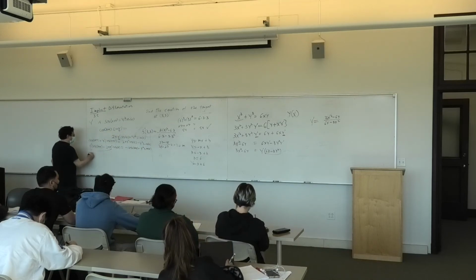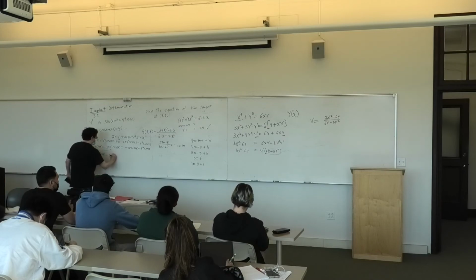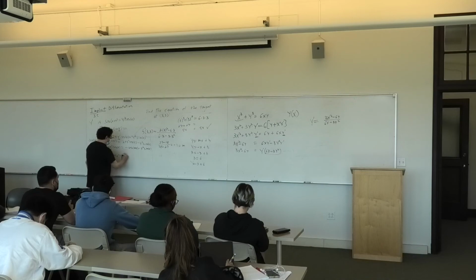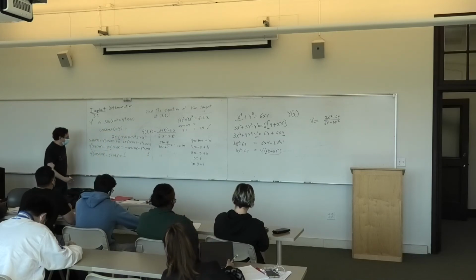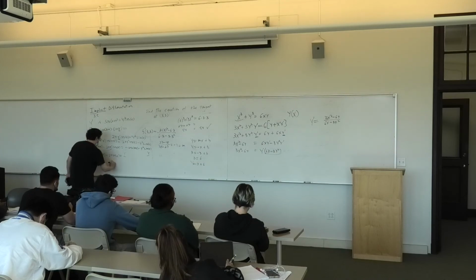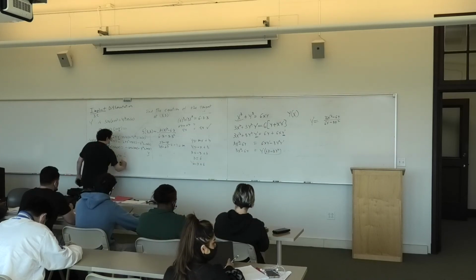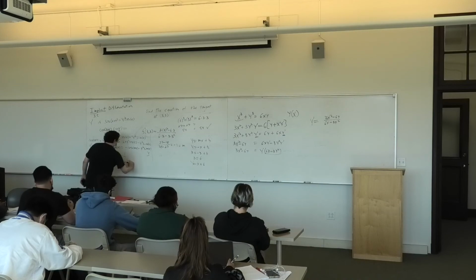We factor out the y prime. Equals this, same thing. And we divide through. And we'll get y prime equals negative cosine of x plus y.